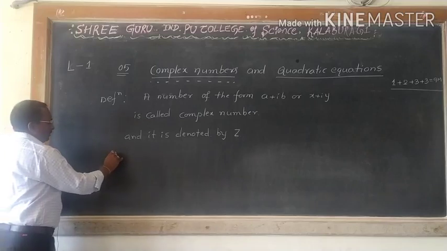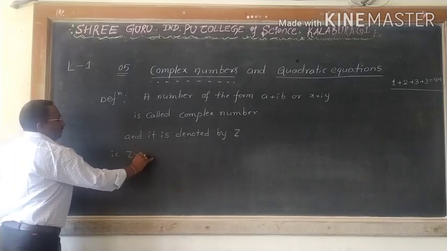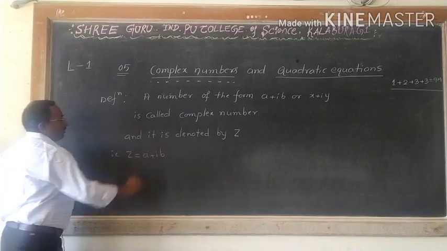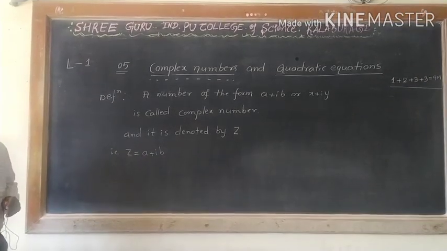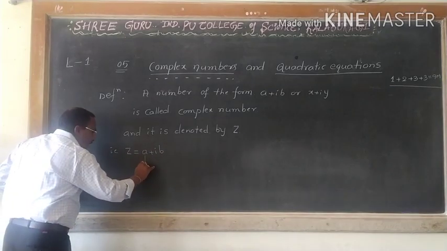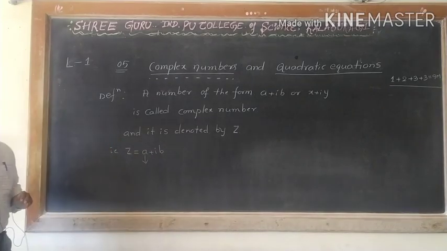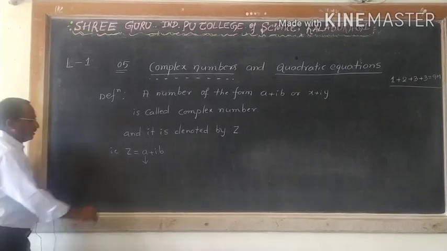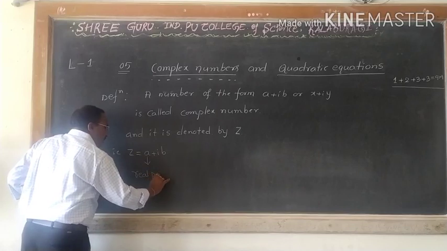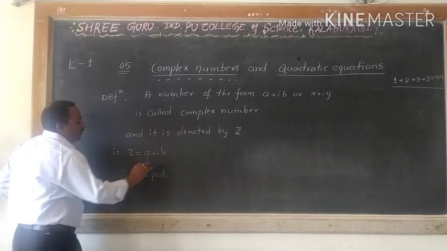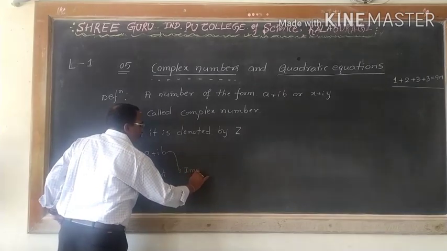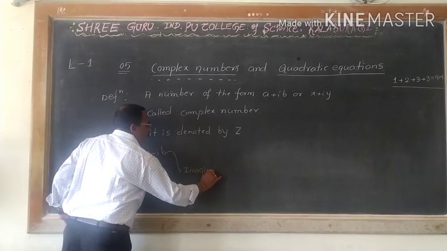That is, z is equal to a plus ib, where a is called the real part, b is called the imaginary part.